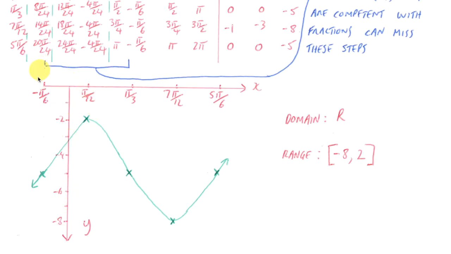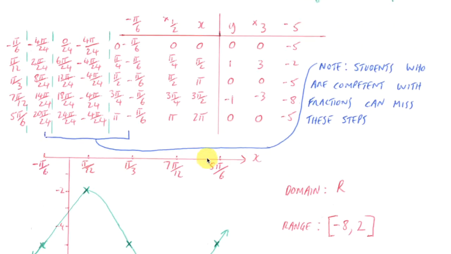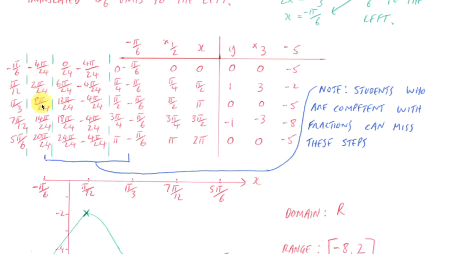So here's my axes. There's my critical values. Notice, guys, to get a feel for what you're jumping up by on the x-axis, it's best to go and have a look at this column here. So I'm going negative 4 pi on 24, 2 pi on 24, 6 pi on 24. So you can see there each time it's a jump of 6 pi on 24.